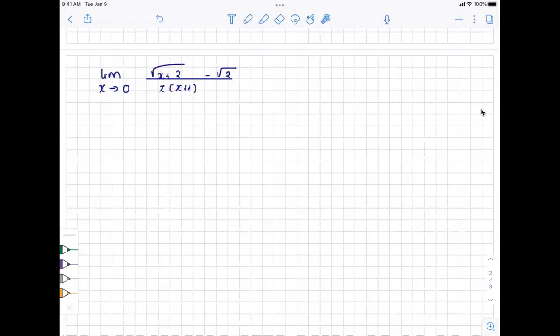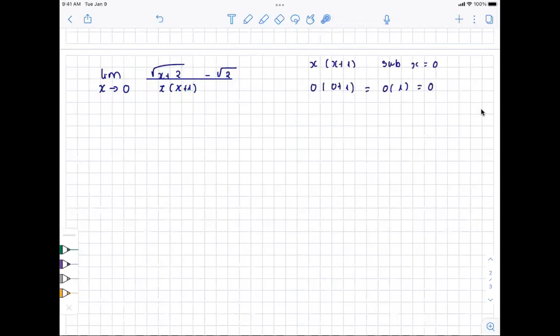But the denominator, you have x times x plus 1, so 0 times 0 plus 1, which is 0 times 1, or 0. So yes, you have 0 in the denominator, so you can't just use direct substitution here.